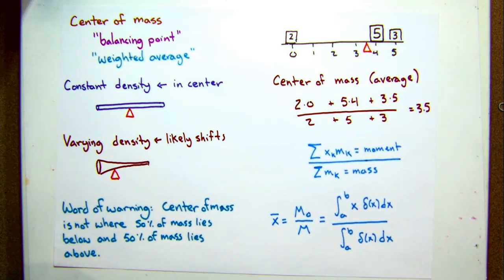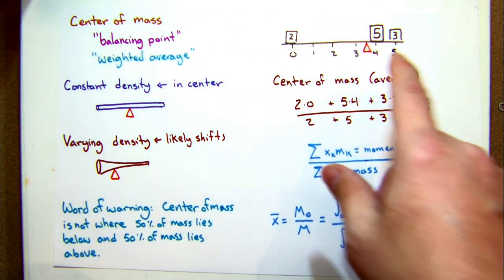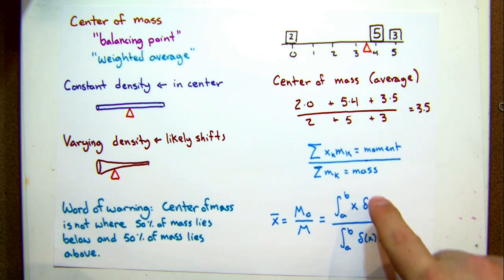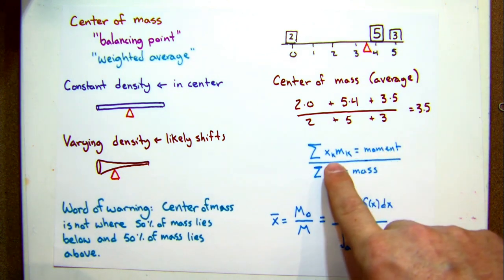And then you divide by how many people took the quiz: 2 plus 5 plus 3. So if we were thinking about this in terms of finding an average of scores, this is exactly the computation we would do, and we would get 3.5. So it's this sense of average that's happening. So in particular, what we're going to say is that we're going to look at the following expression.